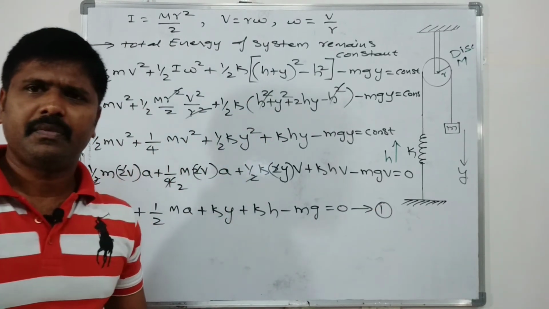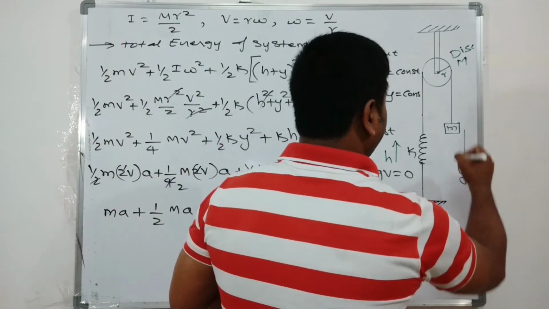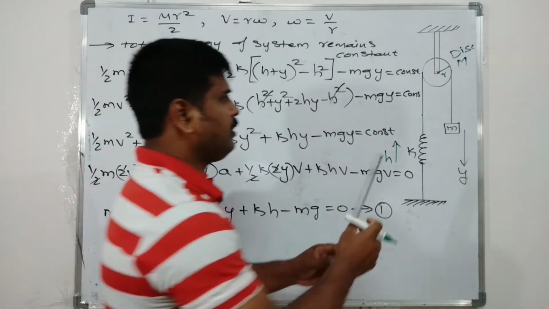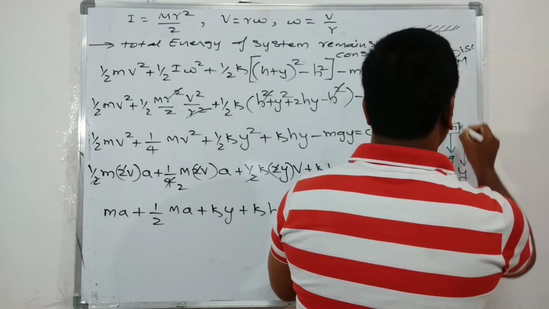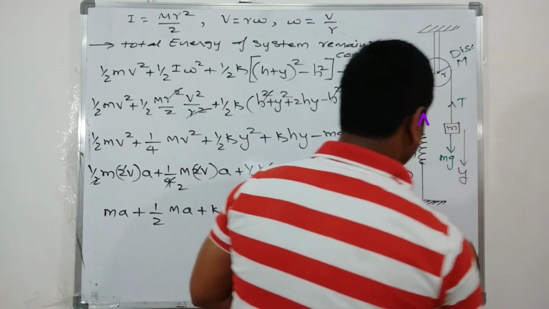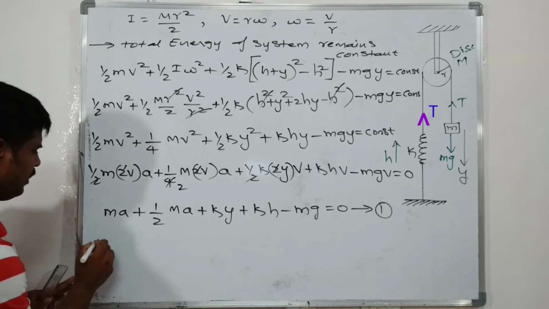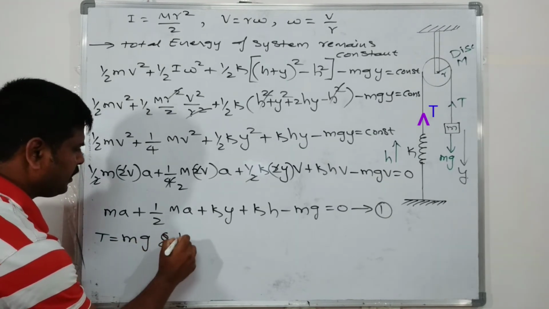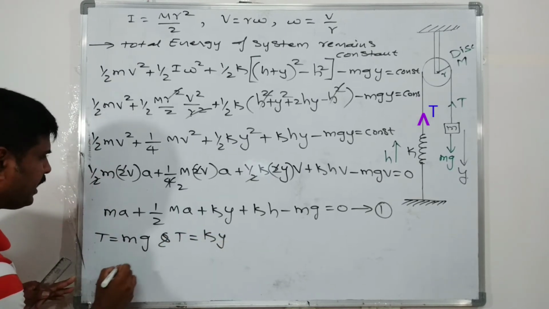Okay, so next we can take the free body diagram. In the downward direction mg is acting, and tension T is acting. Here T is equal to mg, and T is equal to k h, from both equations.